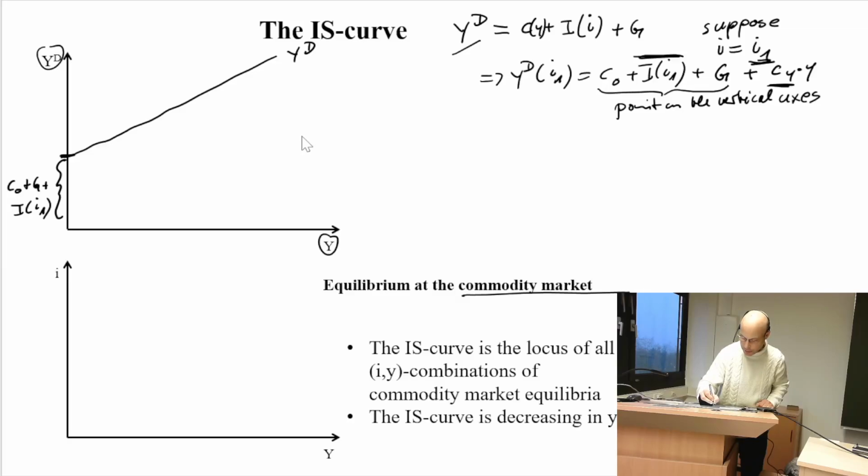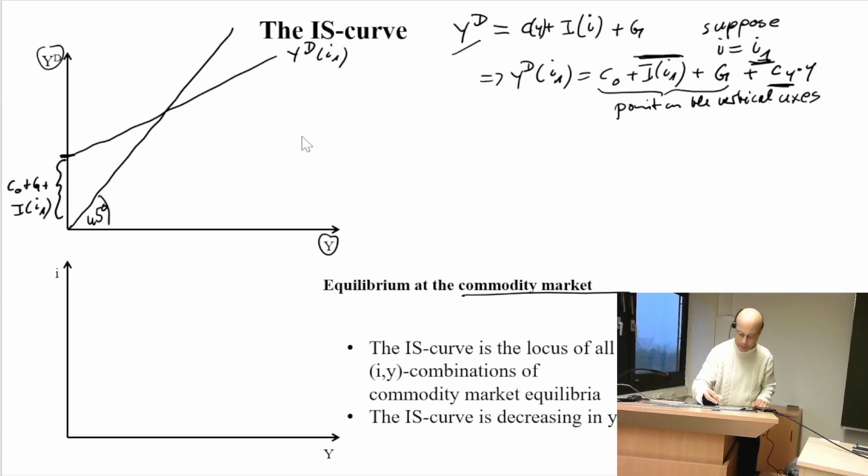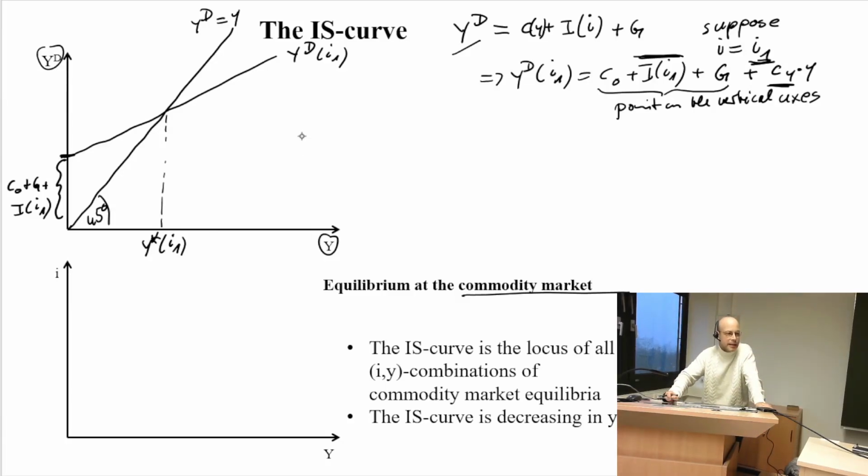So this is YD dependent on interest rate I1, and this is our 45-degree line, YD equals Y. And so now we obtain here at the intersection an equilibrium income Y star, dependent on this specific interest rate.